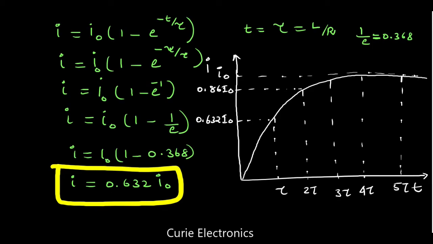Like this, after 5 tau it almost reaches the maximum current. Practically we will take it as the inductor is a short circuit, so maximum current will flow through the circuit. Inductor effect is just gone, it's acting like a short circuit.